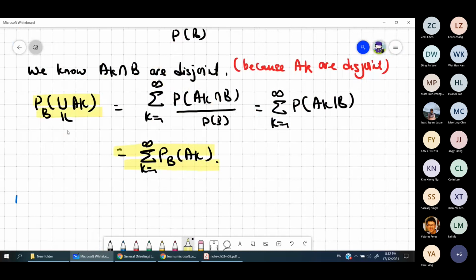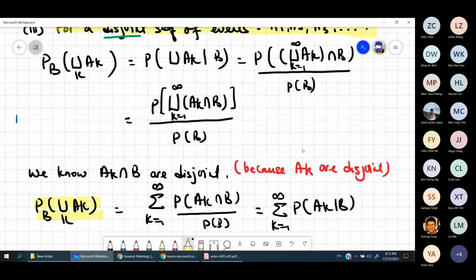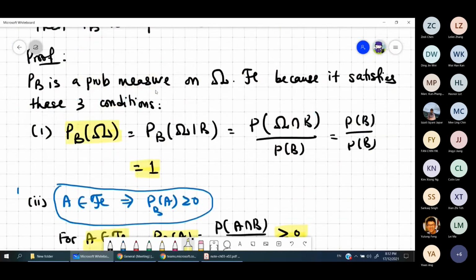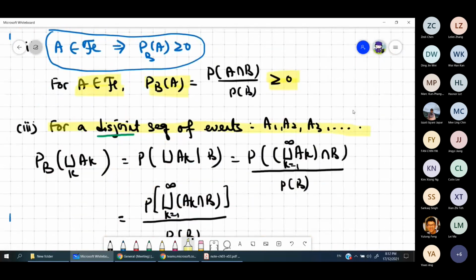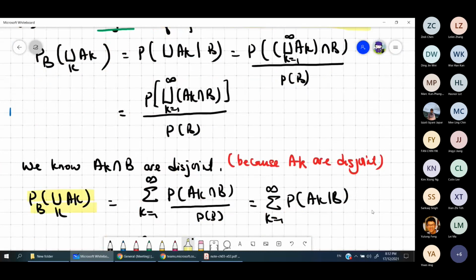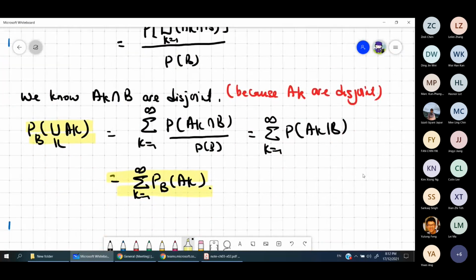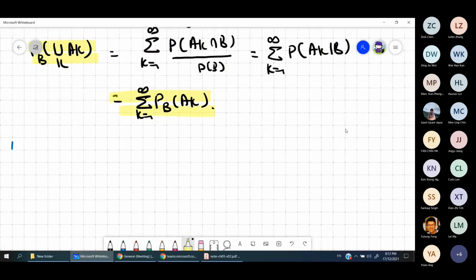So once we have verified that P satisfies these three conditions, then we can conclude that P must be a probability measure on Ω. So this is how we can prove theorem 3.4.3.